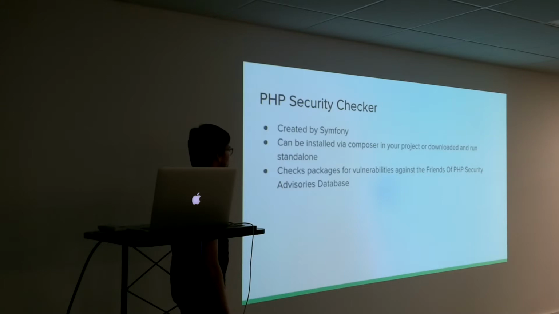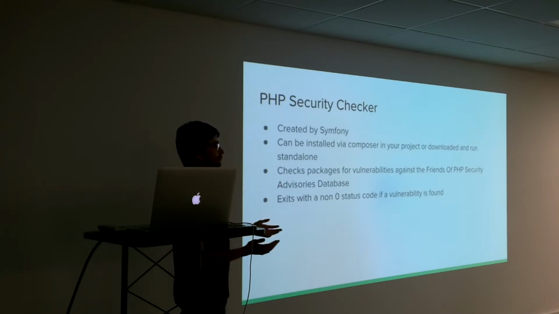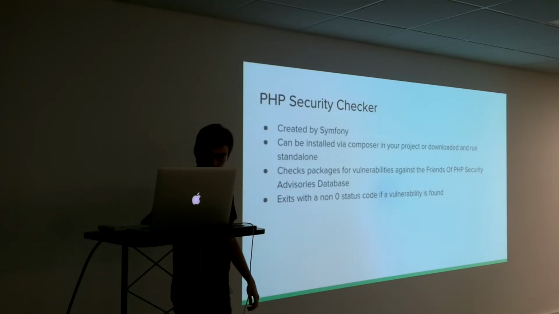And it checks a list of known vulnerabilities to see if any of your packages have those issues. The script that runs exits with a non-zero status code, so it's really easy to just drop into a continuous integration system and your build will fail as soon as there's an issue.